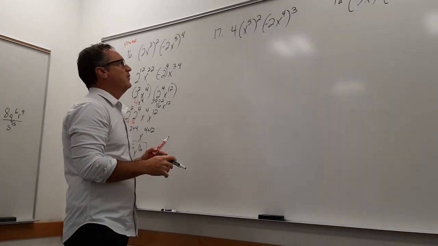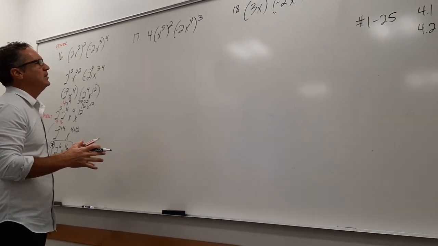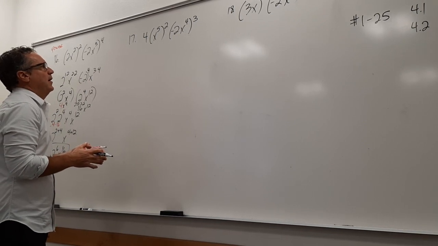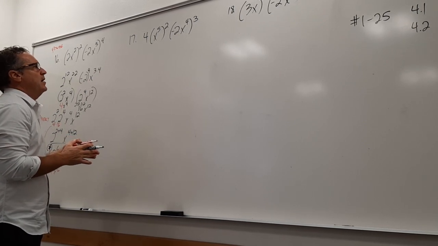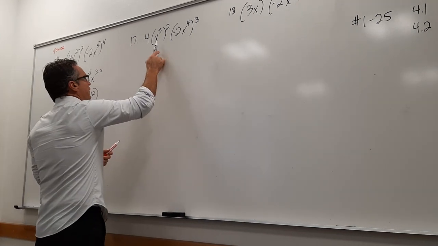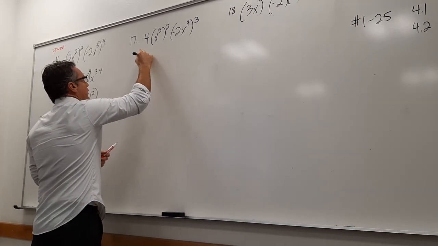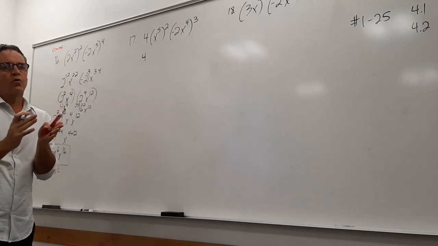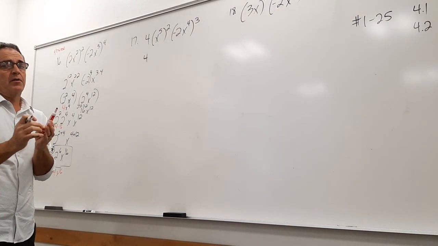All right, so this starts getting a little bit hairier, a little more complex. But at the end of the day, again, we have to address parentheses first, the power rule, okay? We talk about in the laws of exponents, there's no order of operations with how we apply the laws of exponents.